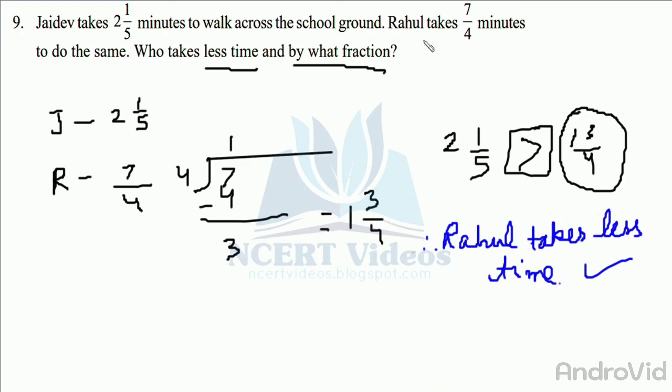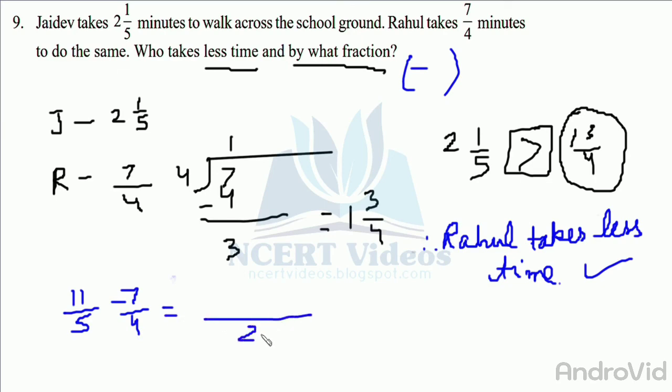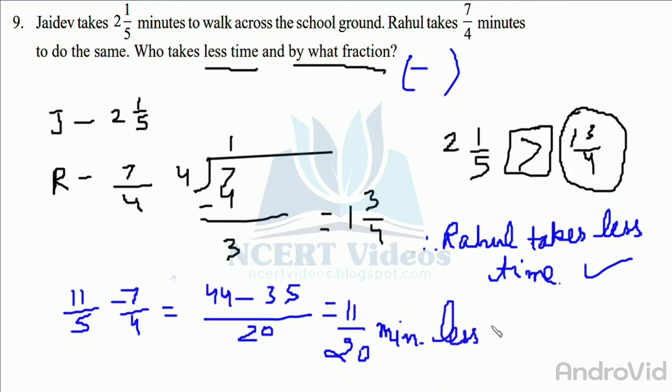By what fraction could be calculated simply by making Jaidev's part a fraction: 11/5 minus 7/4. 20 is the LCM, and 5 4s are 20, 11 4s are 44, minus 4 5s are 20, 7 5s are 35, gives you 9/20 minutes less. Rahul takes less time than Jaidev. That is your answer.